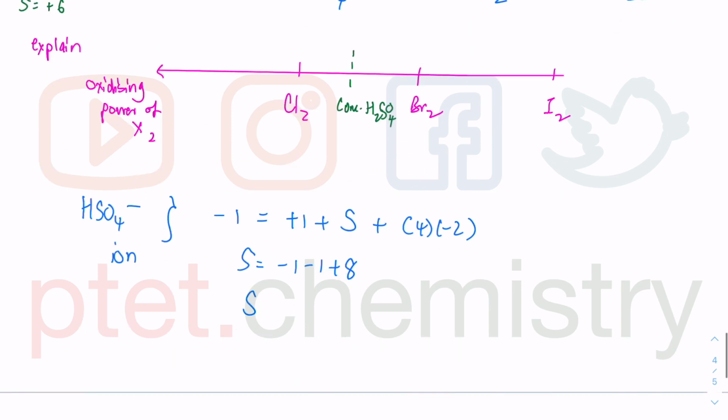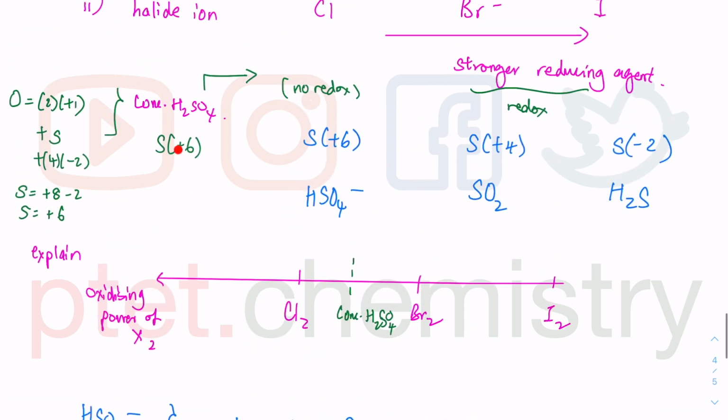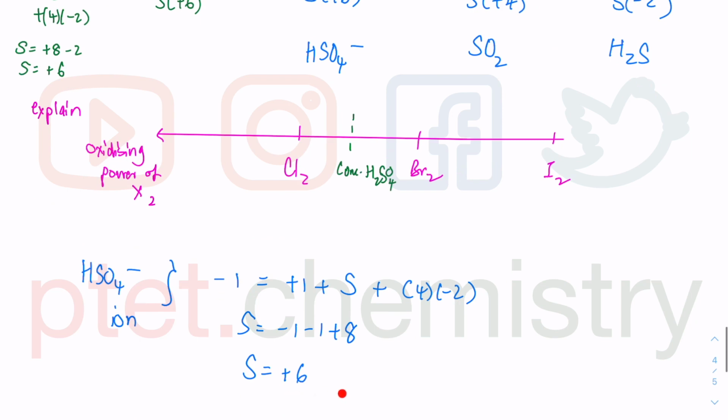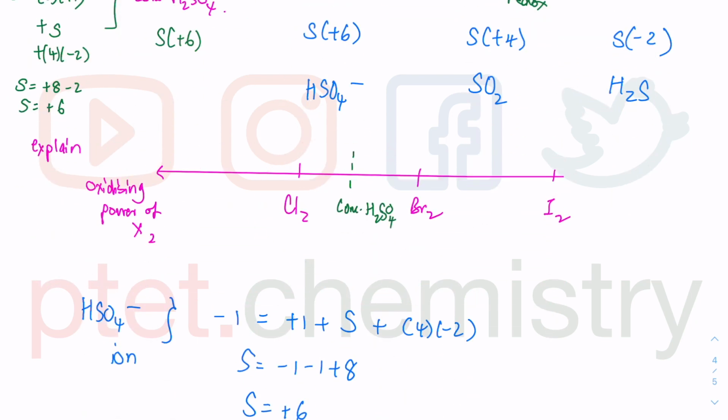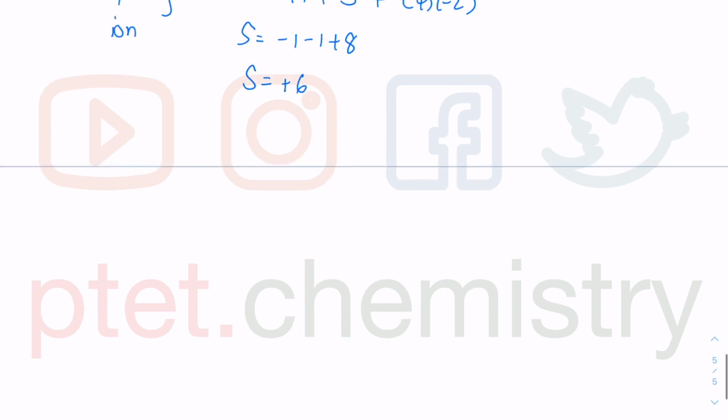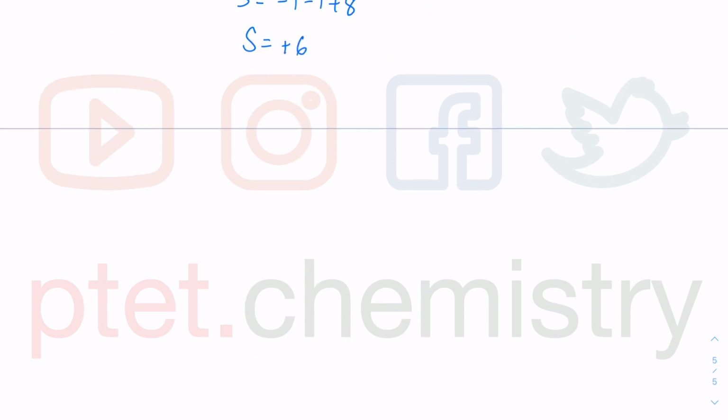You're going to get sulfur equal to +6. So whether you have H2SO4, which is sulfur +6, or HSO4 minus, the sulfur remains +6, because it's not a redox reaction, because of what I've just outlined previously. That is pretty much what they want you to explain for the next part.